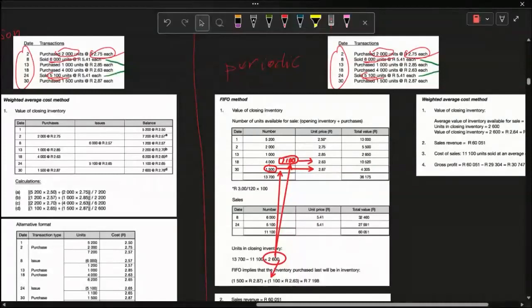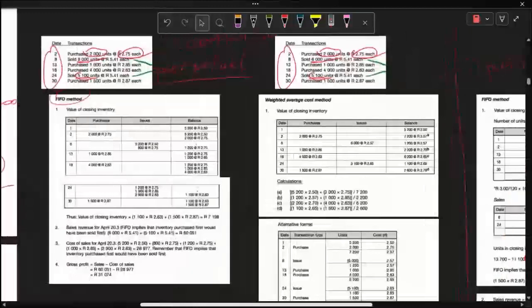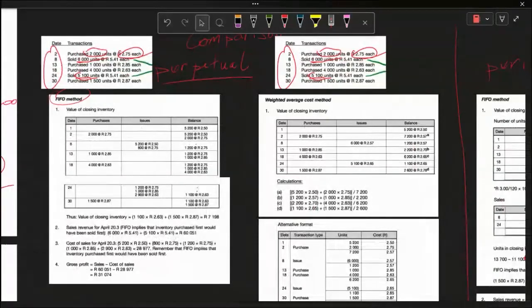For the FIFO year, what comes in, as you can see, is 5,200, the balance at the beginning. That was the end balance of the previous period, so we're going to start with that. On the first day, we already have in our stock 5,200 at 2 rand 50 cents. That's the cost.